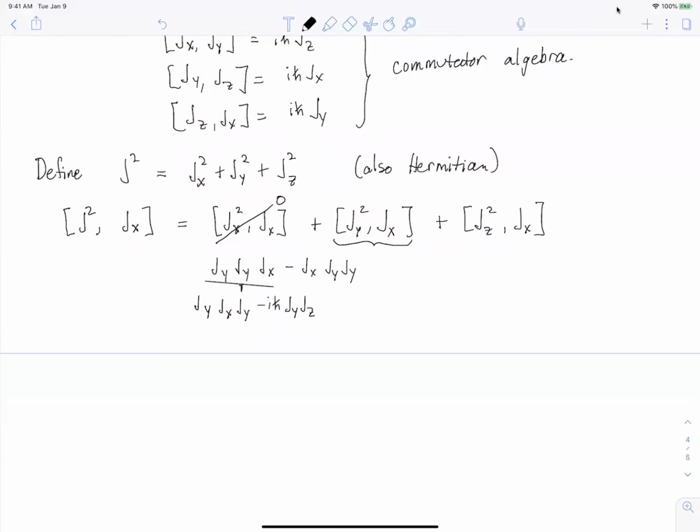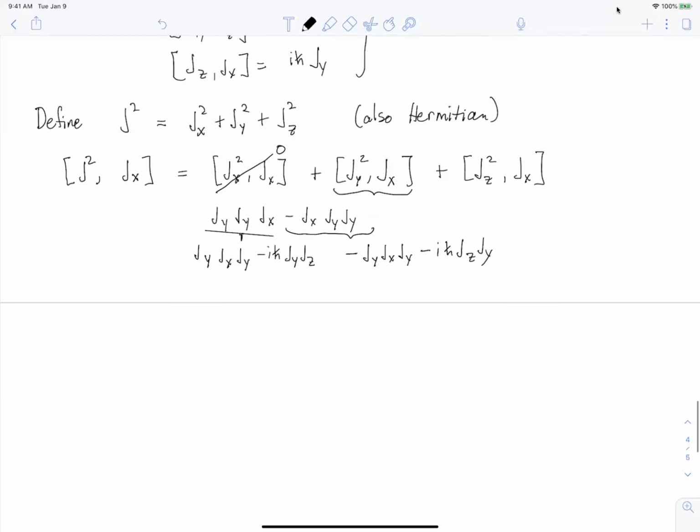I'm also going to use it on the second term, including the minus sign, and write that as minus Jy Jx Jy minus i h bar Jz Jy. So I've used the commutation relation again. Okay, and the good thing about doing that is now this term cancels with that term. And so I'm left with minus i h bar times Jy Jz plus Jz Jy.